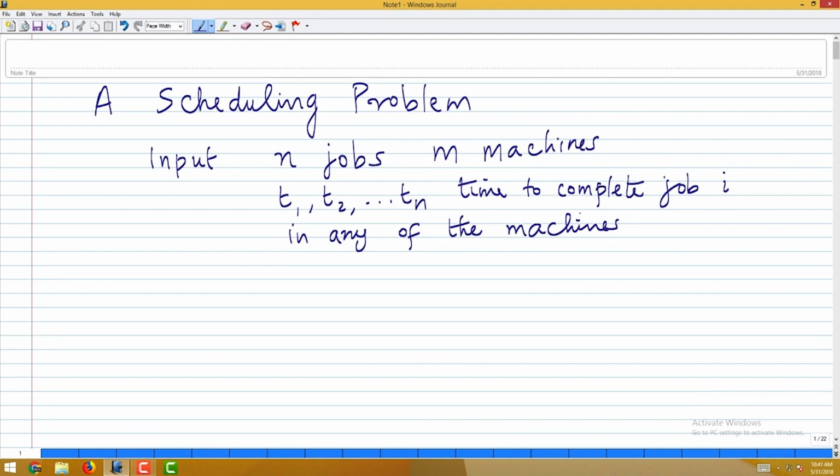Okay. And our job is to schedule these jobs in the m machines, so that no particular machine is overloaded.